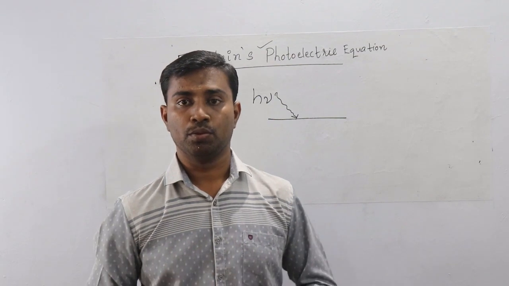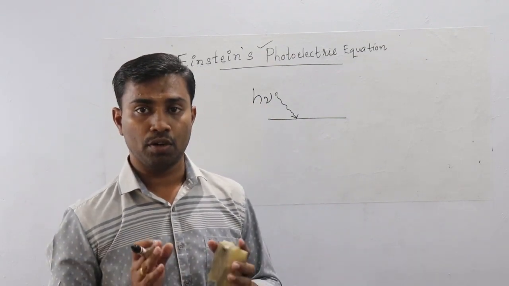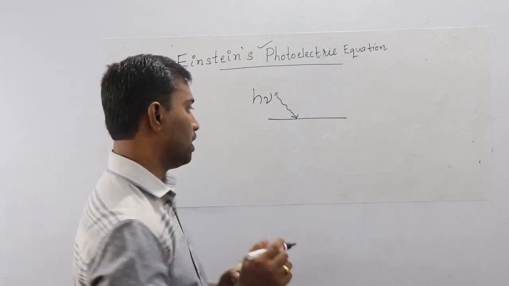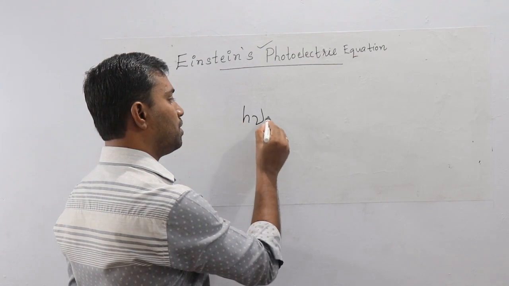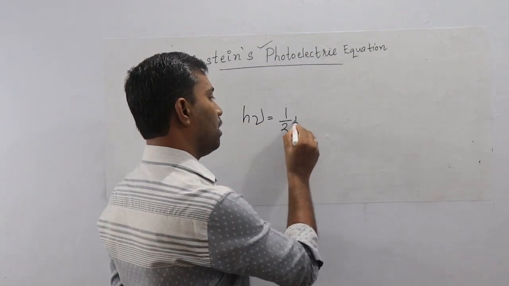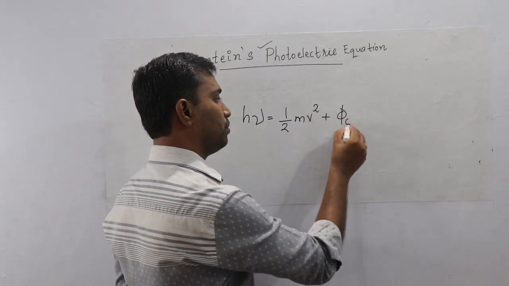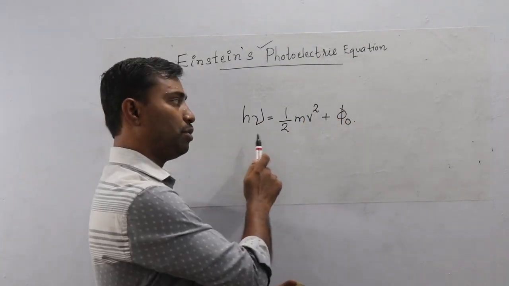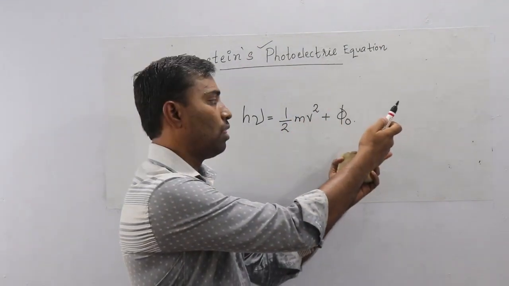According to the conservation of energy, we can write h nu is equal to half m v square plus phi 0, because h nu is utilized to increase the kinetic energy and to overcome the work function.